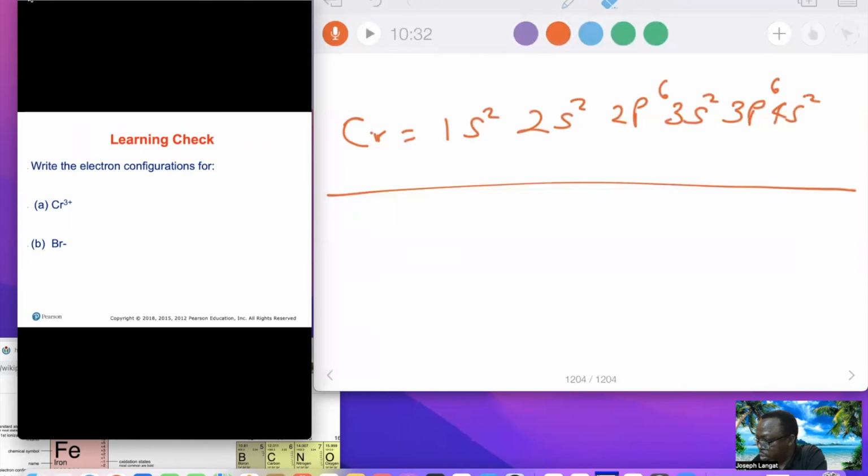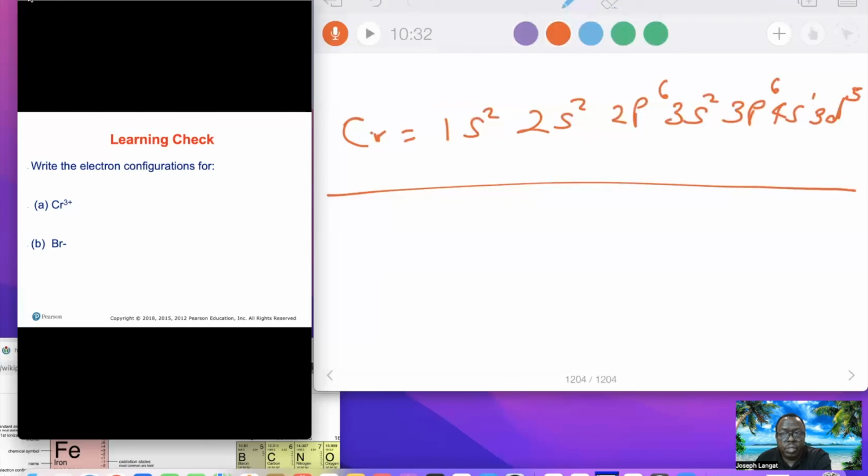No, this is one of the anomalies. So 3d5 and 4s1.